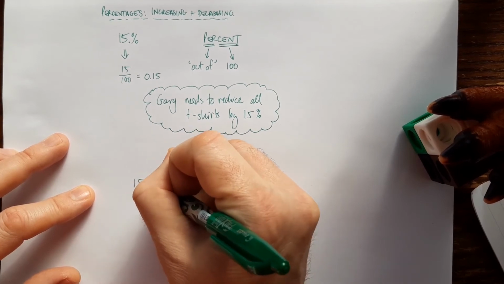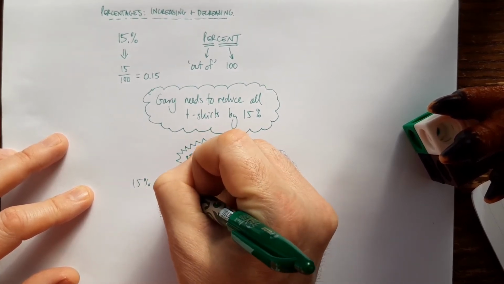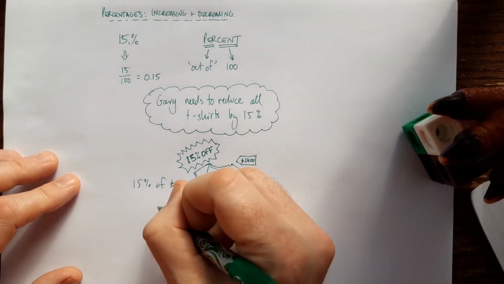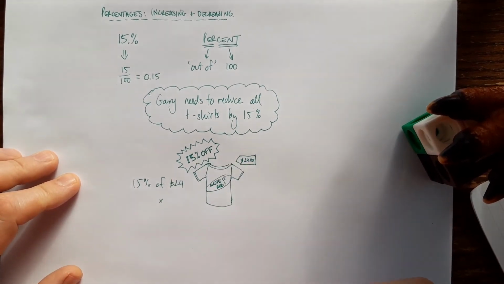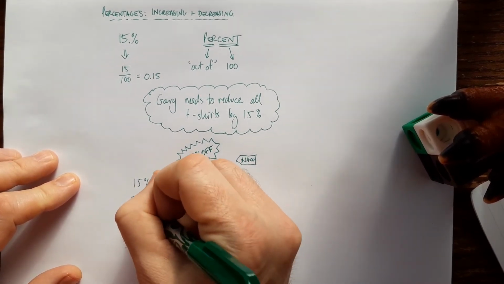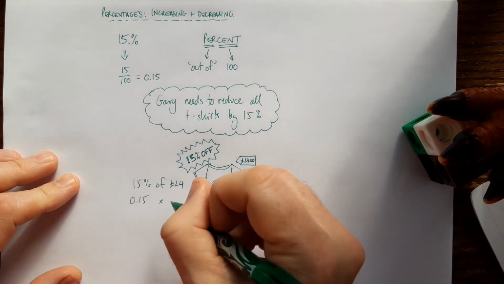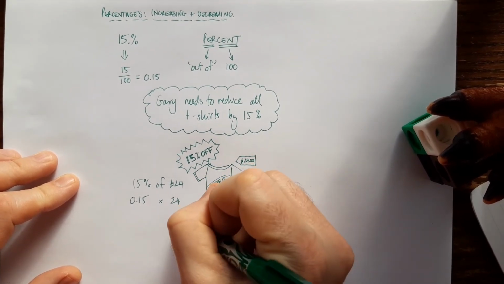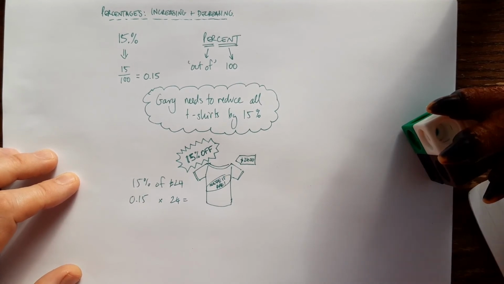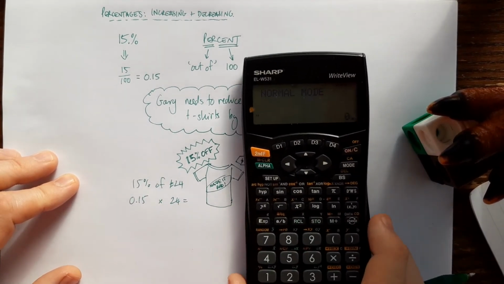15% of £24. Now, as I said last lesson, of in maths, it's always a multiplication. So we're going to have our decimal version for our calculator, 0.15 times 24. Okay, and we get a total of, well, let's just stick it in our calculator and make sure you can see how that works.